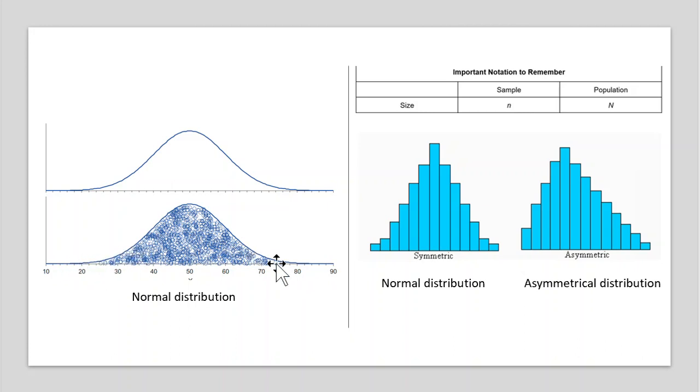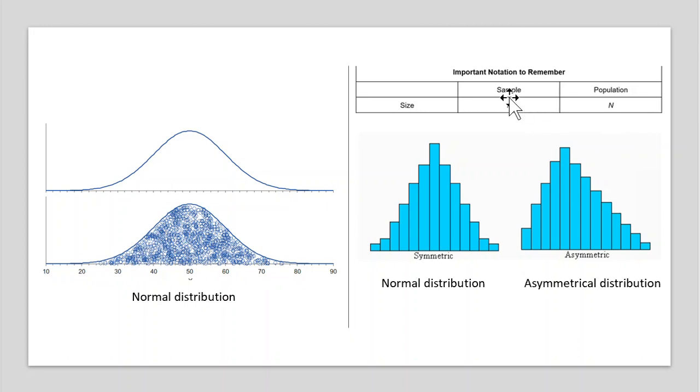This is the left tail, and this is the right tail. And so this is the perfectly normal distribution, and this is what happens when you get a whole bunch of data: it has a tendency to have this shape, where most of the information is in the center, and then it gets shallower and shallower as we get more extreme data points on either side.